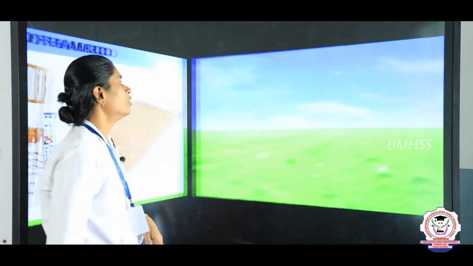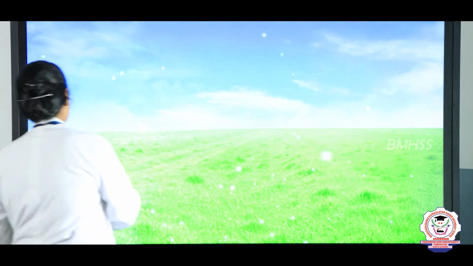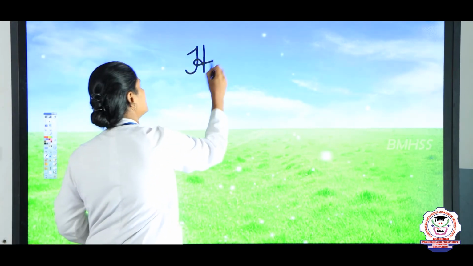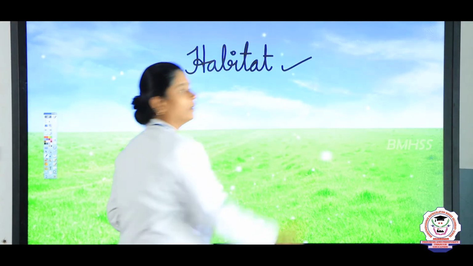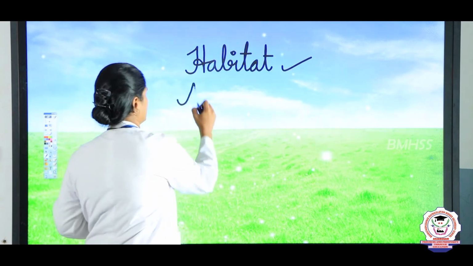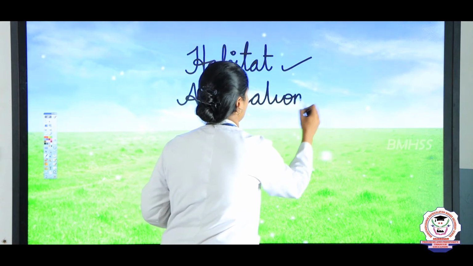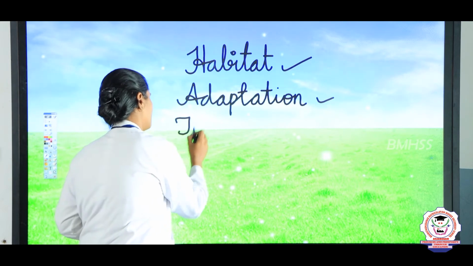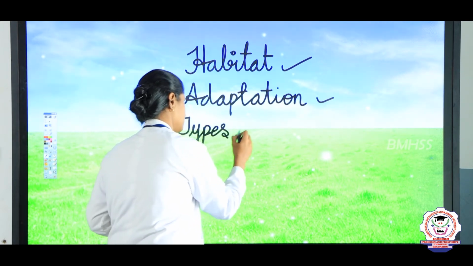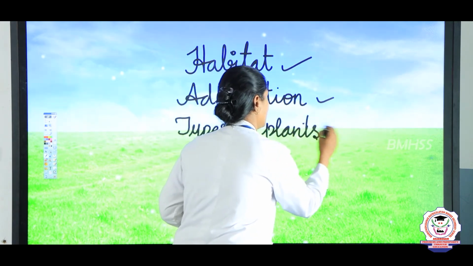So in this class you almost learnt what are the things that you have learnt. You have learnt about what is habitat, and you learnt what is adaptation, and also you learnt the types of plants.